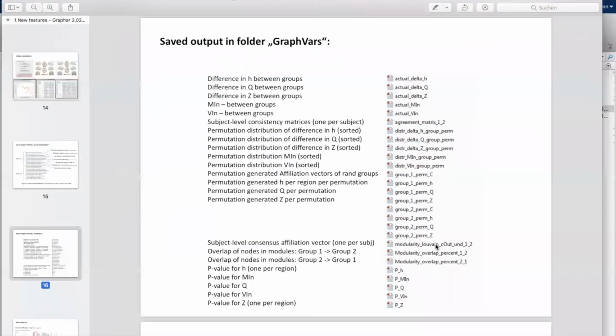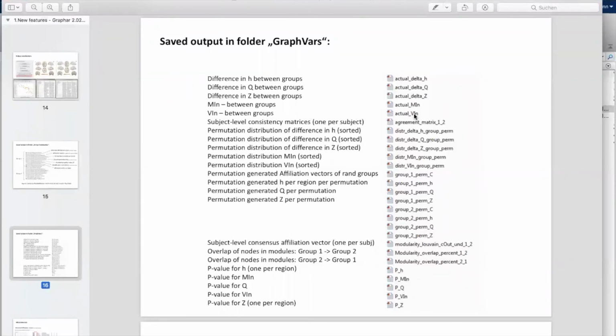The files where those values are stored, you find in the GraphVars subfolder in your respective workspace. The actual mutual information, actual variation information, so what we compute as a measure of difference between the groups, is stored in this file, actual MI, actual variation information.